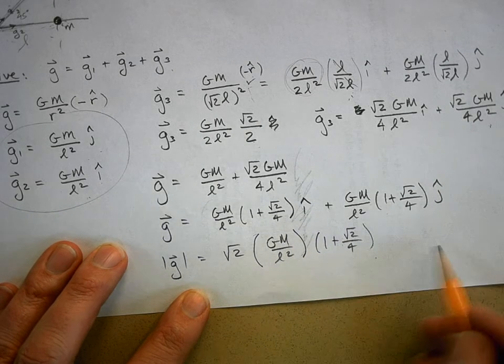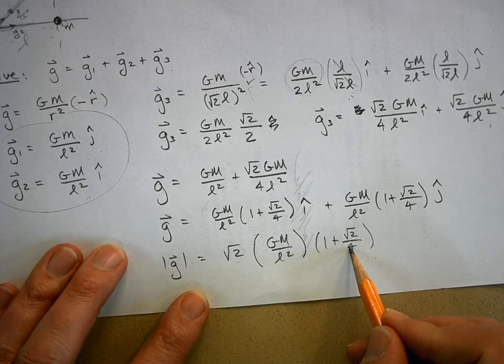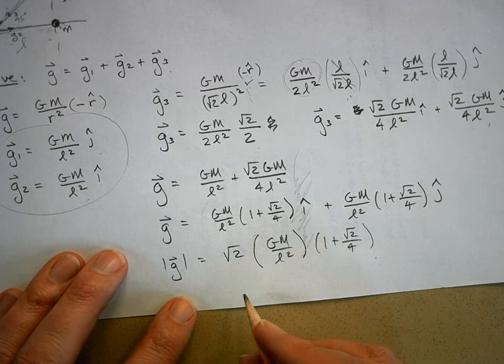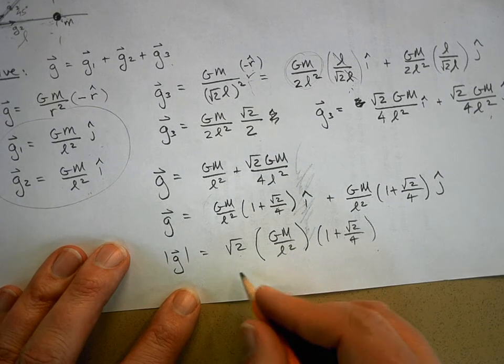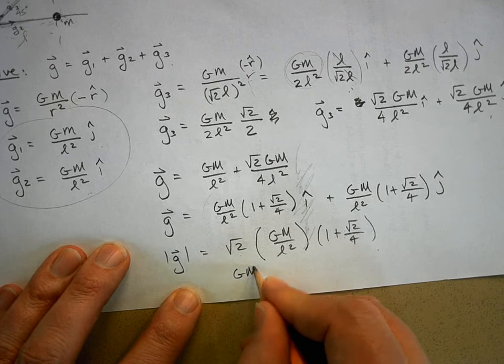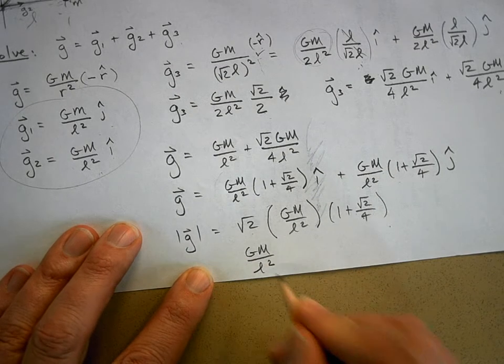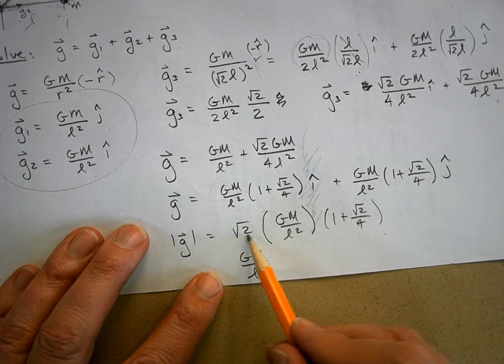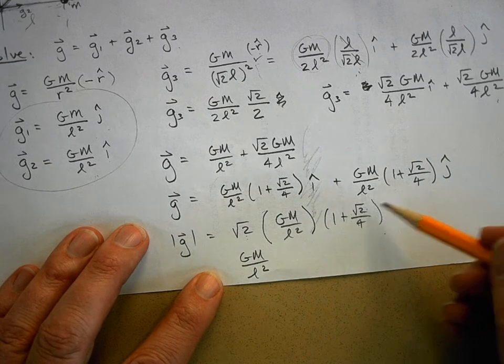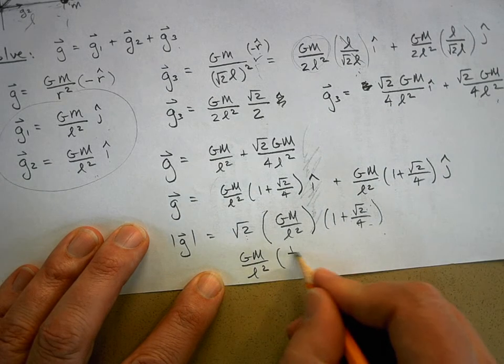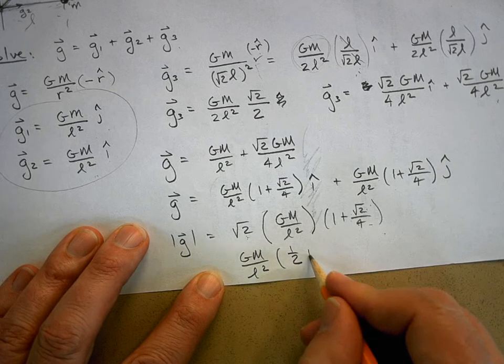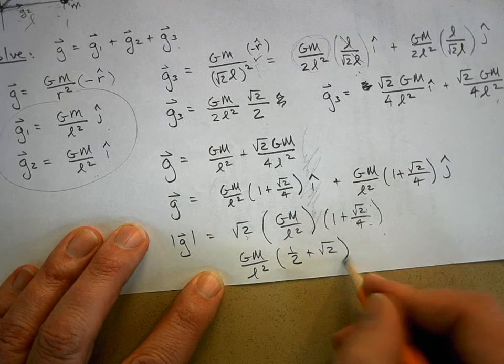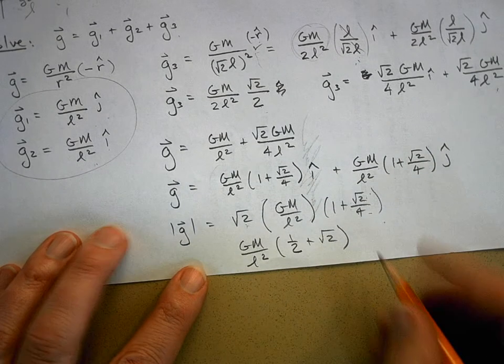We'll just multiply this in here, and we'll get GM over L squared, and then if I multiply root 2 in here, I get 2 over 4. So I'll get 1/2 and then plus root 2. And I think that's the answer they have in the book. And then that's the magnitude of it.